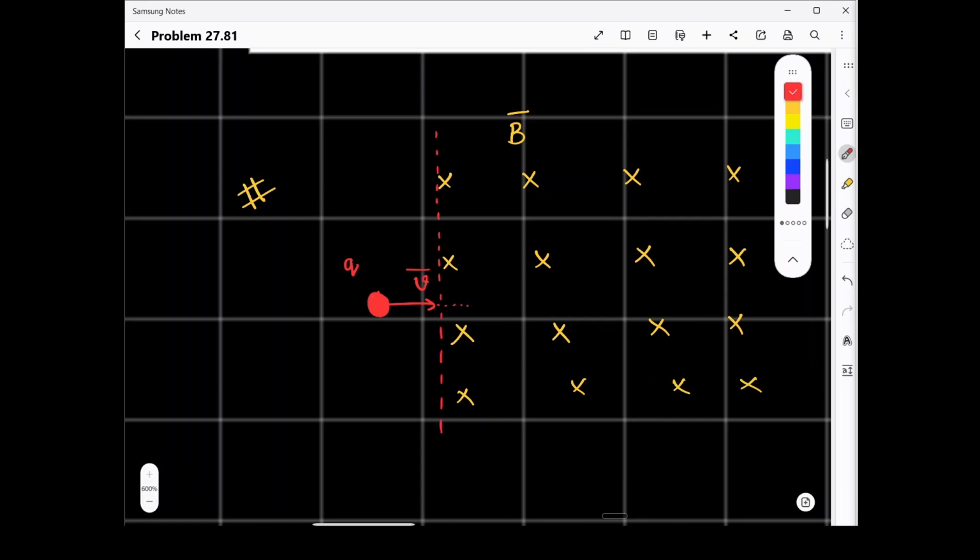So, if there was no magnetic field in this region, it would have gone in this direction, in a straight line. But due to the force, which is denoted by F vector here, F vector as we know is proportional to q times v vector cross B vector. The force is defined as this.